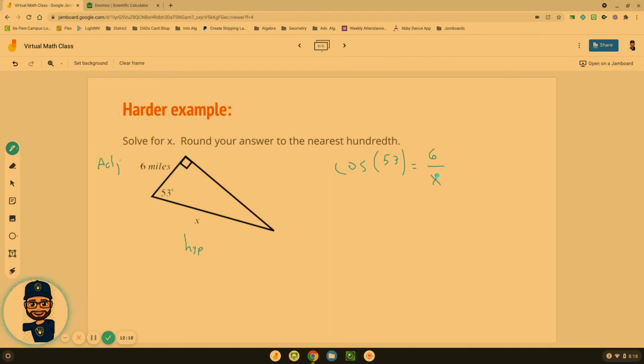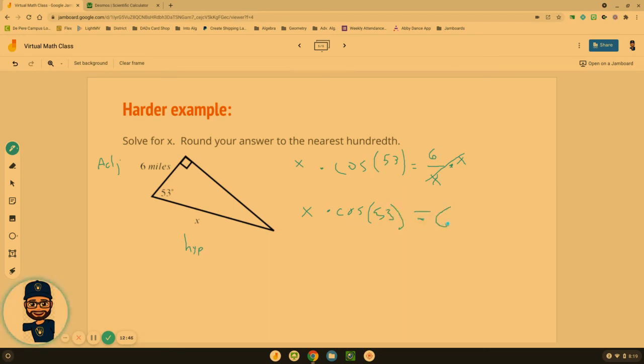This presents a small dilemma because we haven't done a lot where x is in the denominator. But there's a unique thing that happens. To get x out of the denominator, we want to multiply by x. If I do that on one side, I have to do that on the other, which means I have x times the cosine of 53 equals 6.